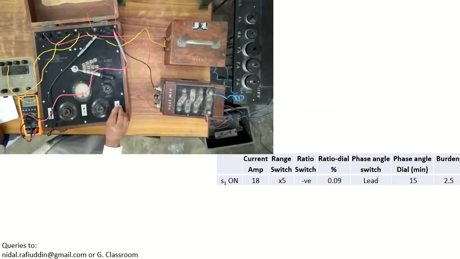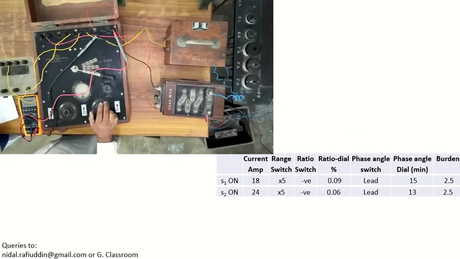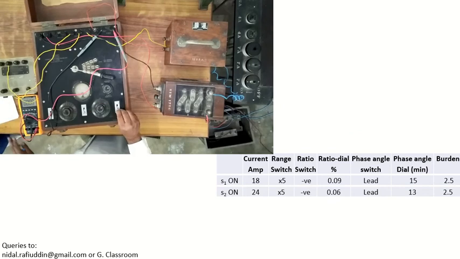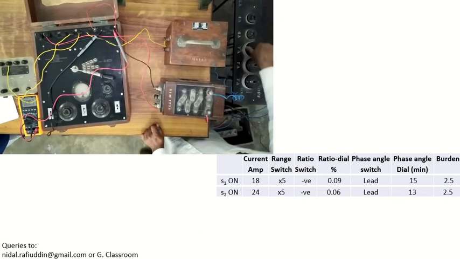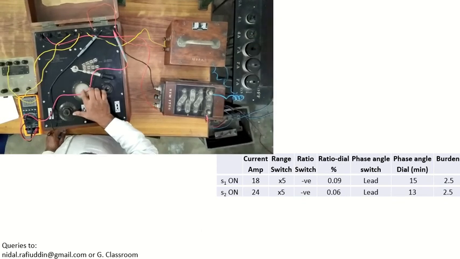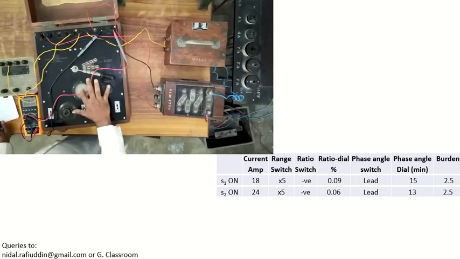And we're taking the second set of readings. Here is the second set of readings where switch S2 is turned on while S1 was turned off, and the following things were observed.